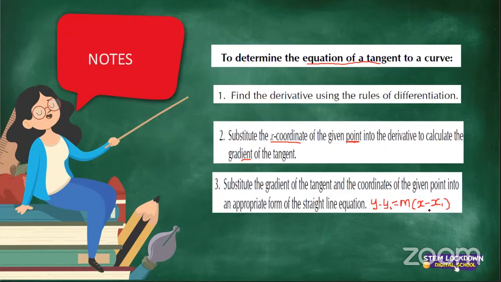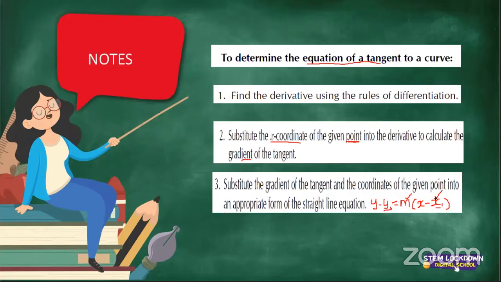So you would have calculated your gradient, and probably you would have been given the value of x, and then you substitute the value of x into your original function. Remember, when you substitute the value of x into the original function, you get the value of y1.